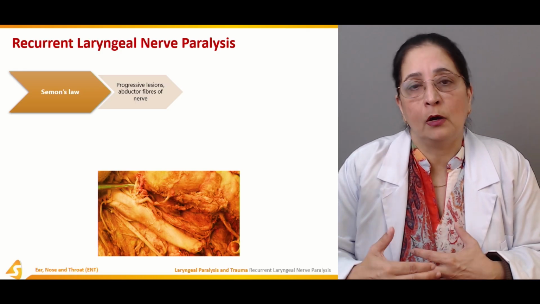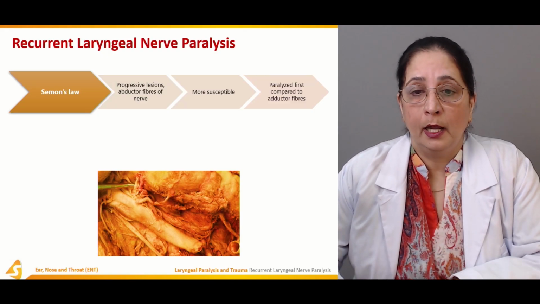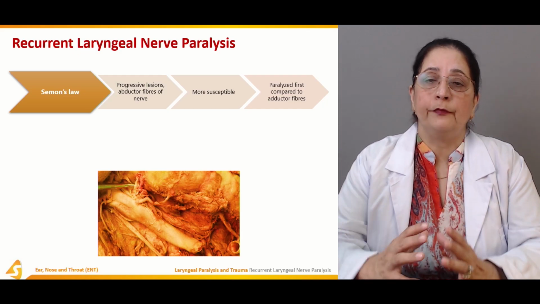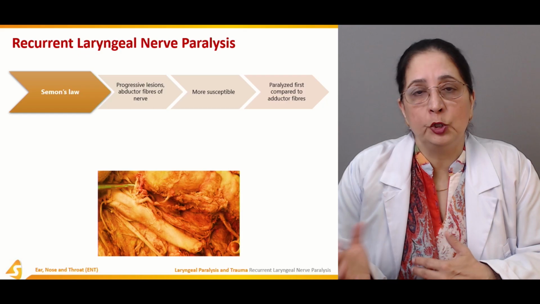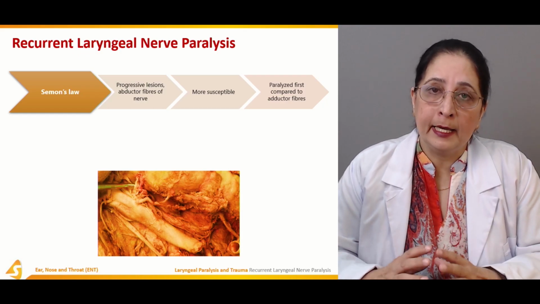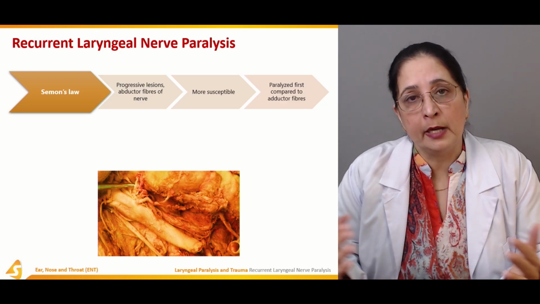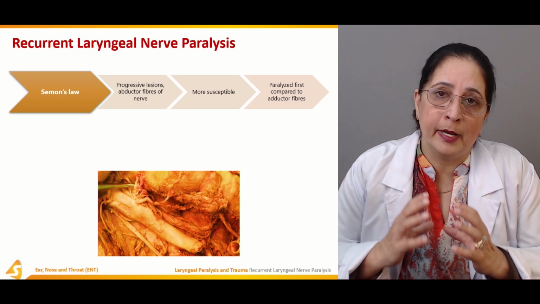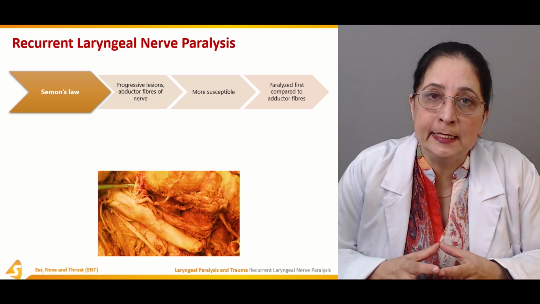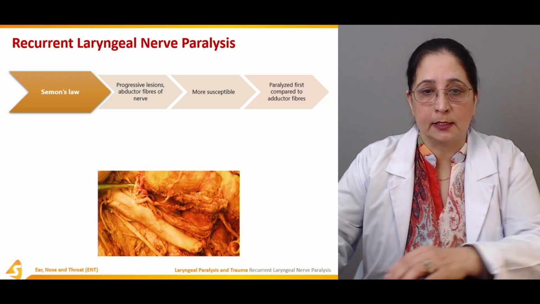Abductor fibers are more susceptible and paralyzed first compared to adductor fibers. Adductor muscles cause movement towards the midline, medially. So abductors are paralyzed first as compared to adductor fibers.